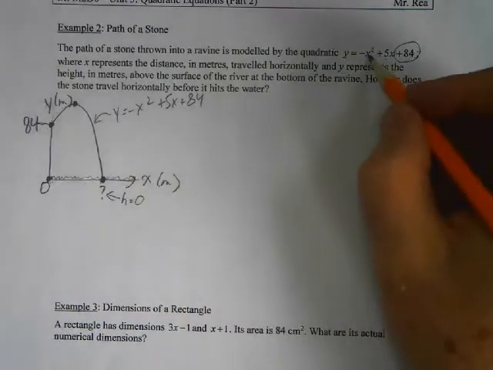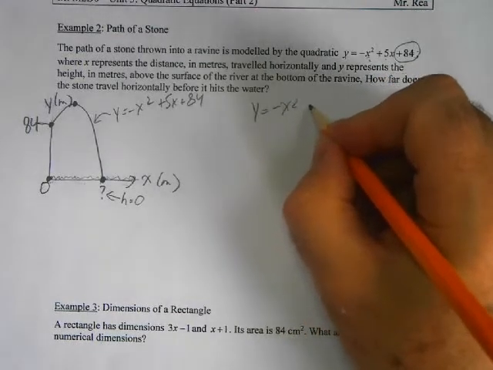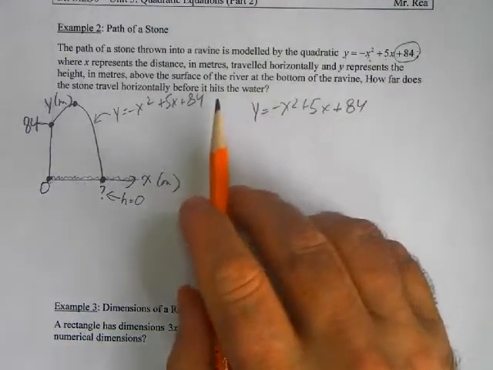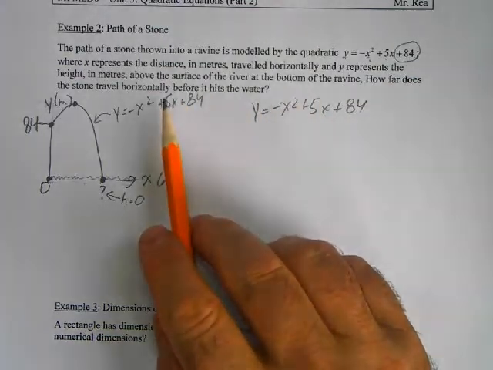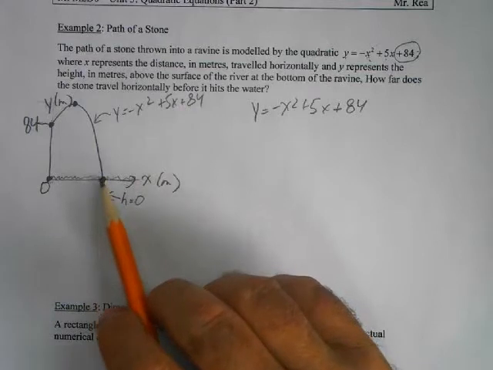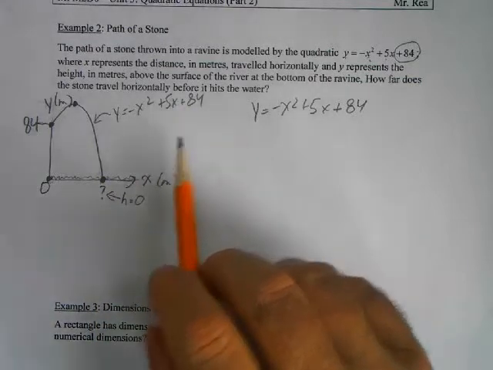So I'm going to go back to my equation and write it again. The question asks us to find the horizontal distance, which is x, when the height is 0, and the height was y.